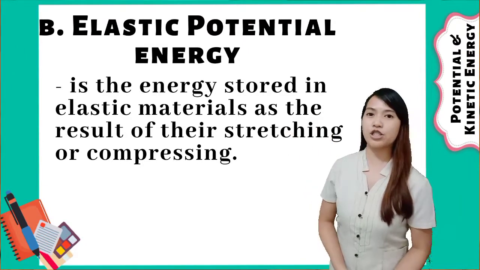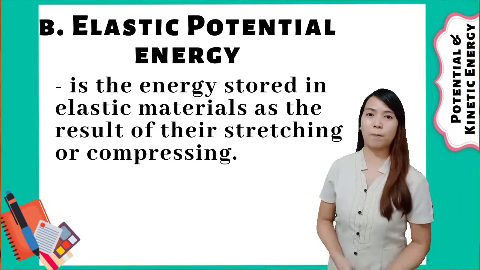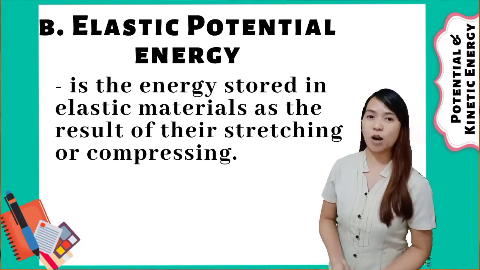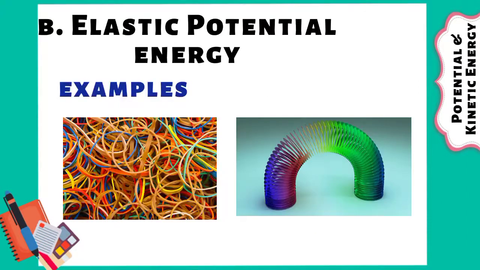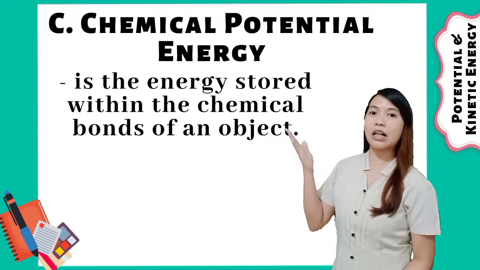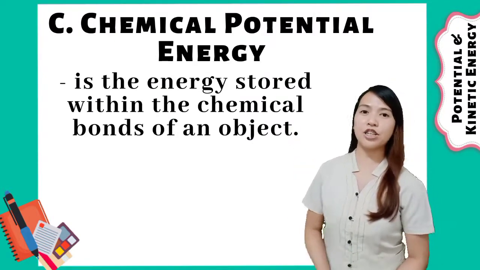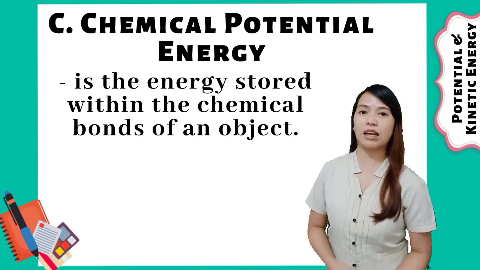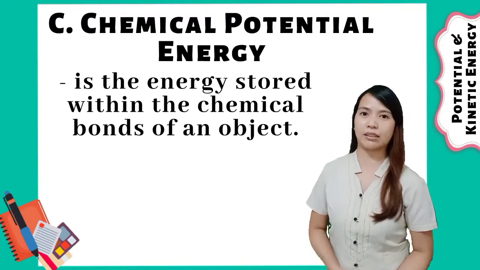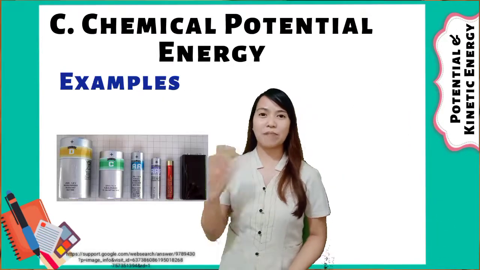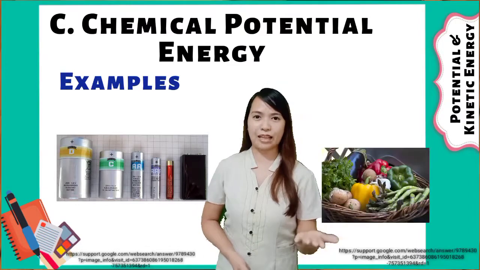The potential energy is due to expansion or compression of an elastic object. Examples: a rubber band and a slinky. The third one is the chemical potential energy. The potential energy is stored within the chemical bonds of an object. It is usually stored in batteries or even in the food that we eat.